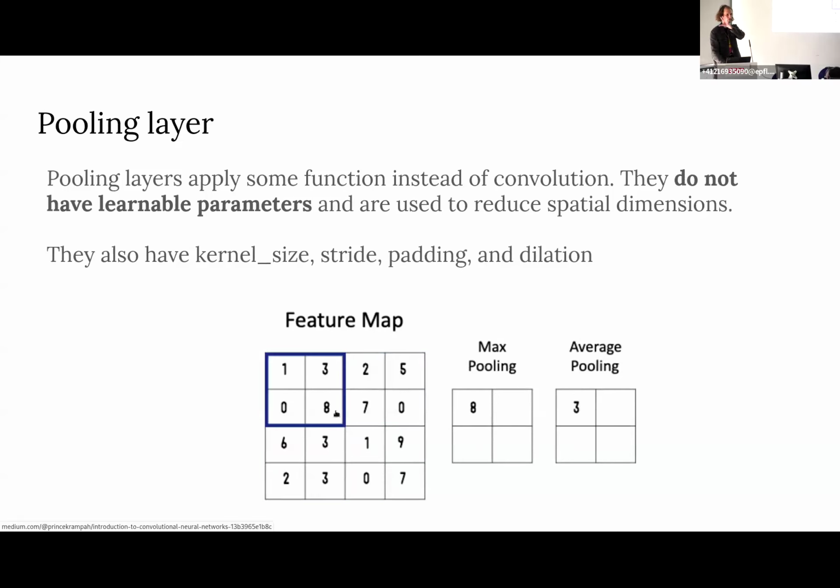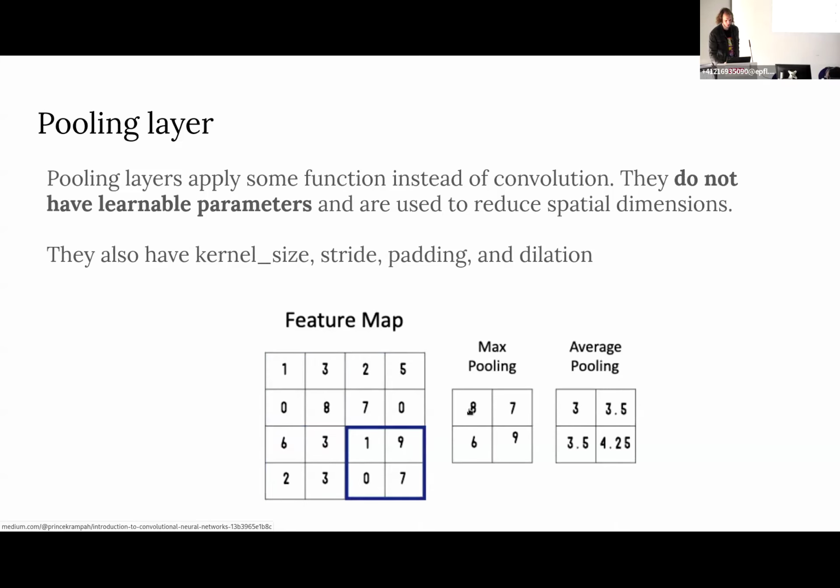So we again overlap our filter with our input, but we take the maximum value, like let's say 8 here, 7 here, etc. Or we could calculate the average, but without trainable weights. We just use a uniform average, where the weight is always 1/4 for a filter 2x2.